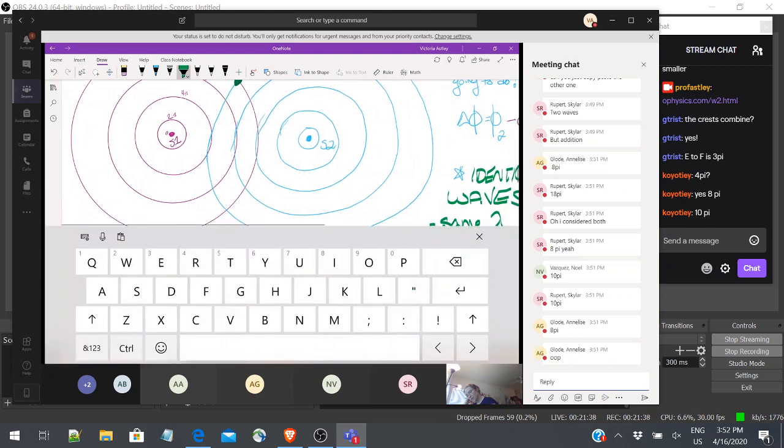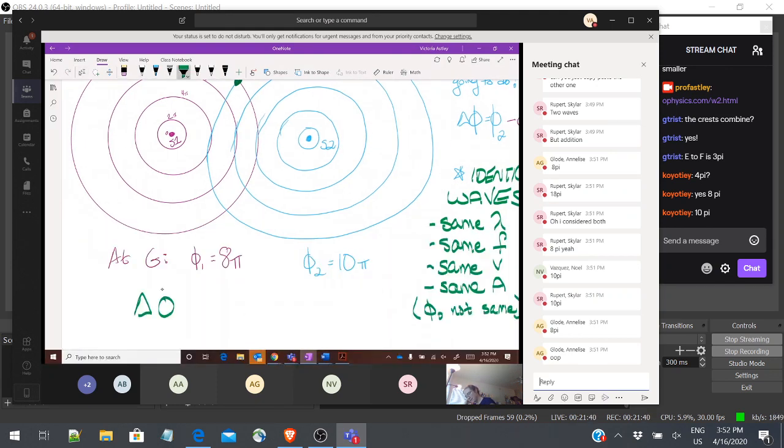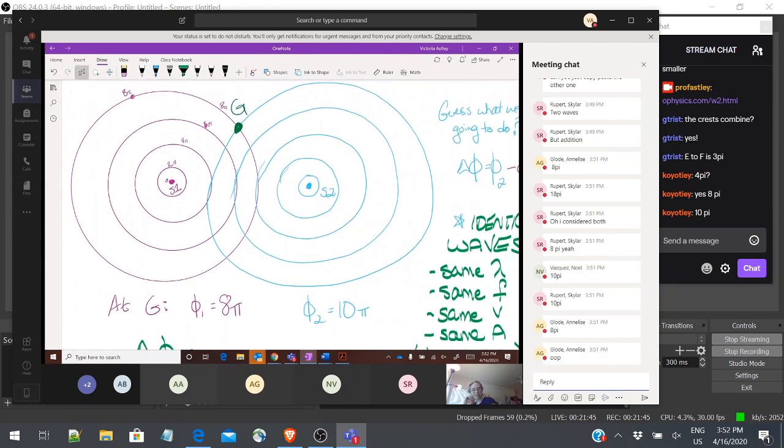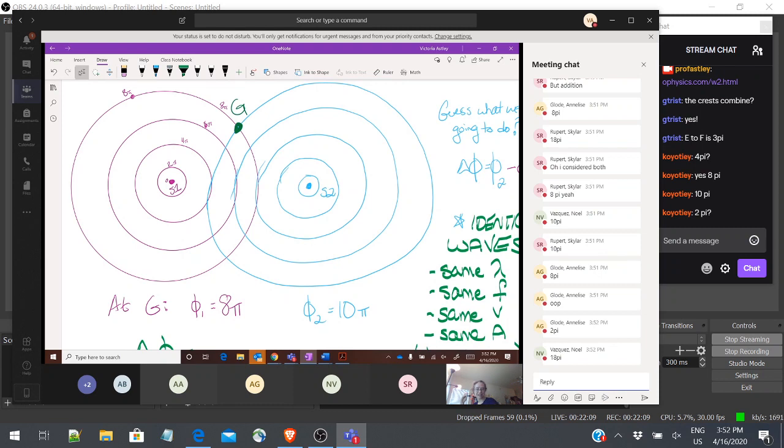Okay. So what is the phase difference between the wave from source 1 and the wave from source 2? So the options are 2 or 18.